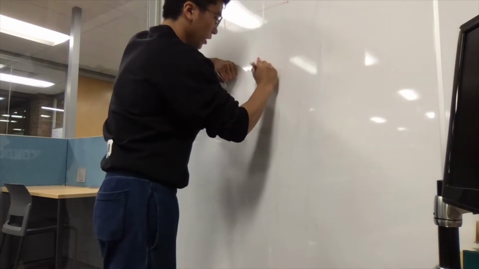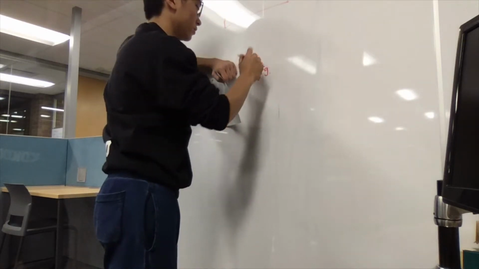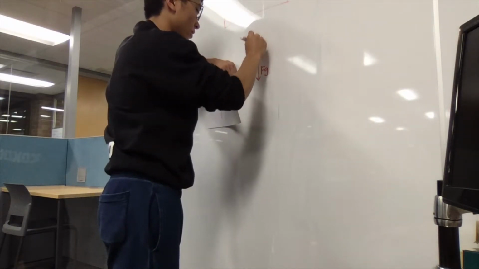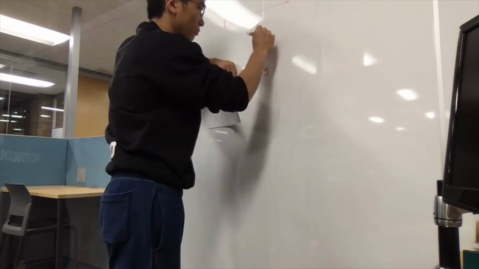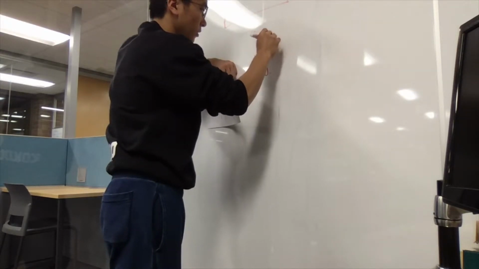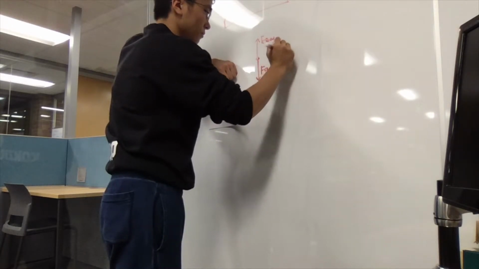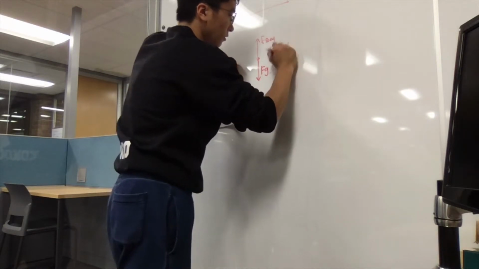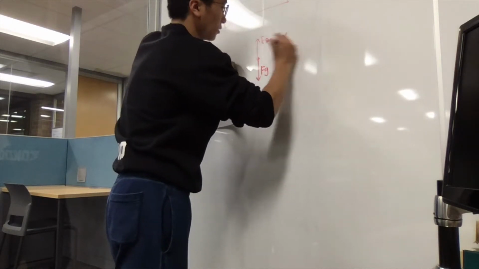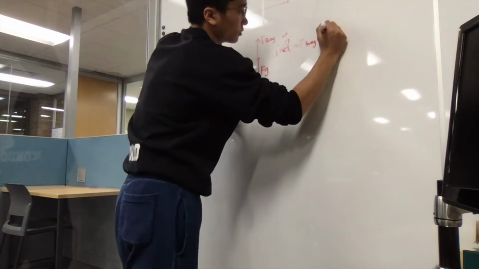There will be a force downwards, Fg, because there's always gravity. And then there must be F buoyancy, pulling up. And then it has to float, so F net must be 0. So F buoyancy minus Fg equals 0.